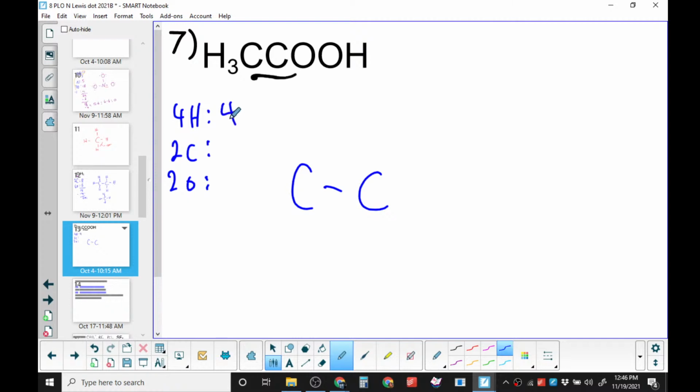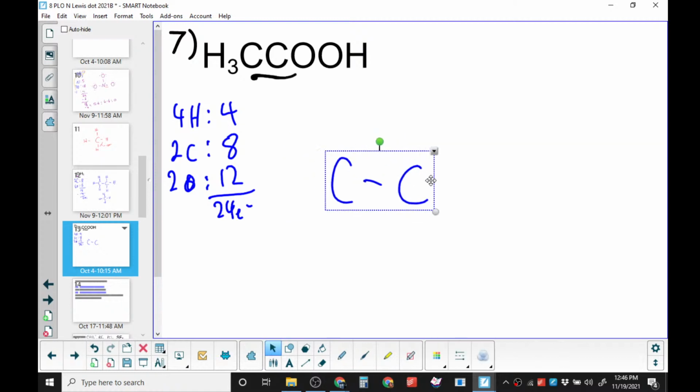Electrons from 2 carbons? Excellent. And from 2 oxygens? 12. Add them all up, we get 24 electrons. Now let's join all of these with single bonds and see where we end up.